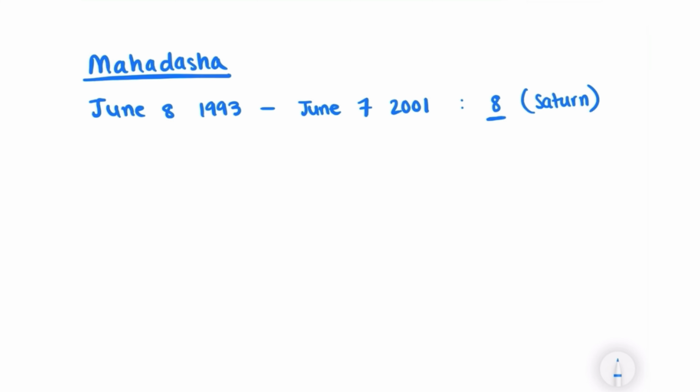So after 8, you get 9. From June 8, 2001, because on June 7, 2001, the 8 Mahadasha ended, we add 9 and we get June 7, 2010.